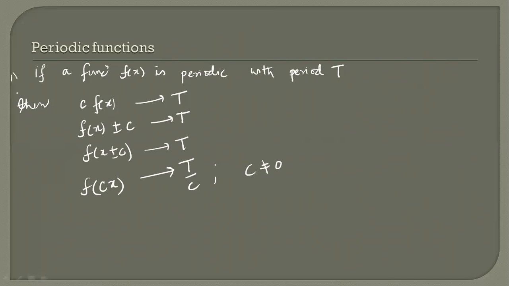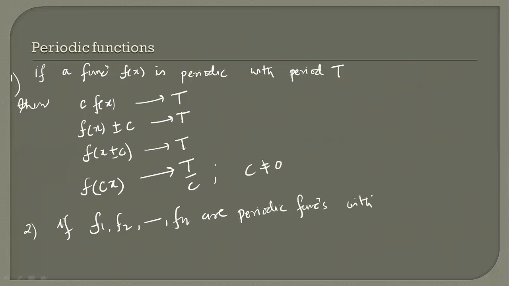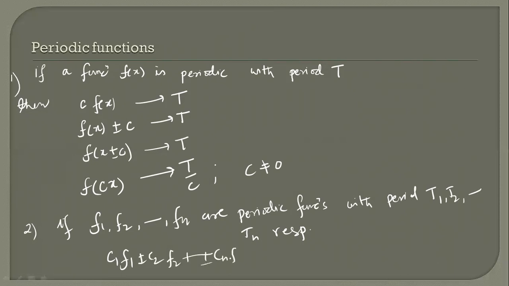The second result is: if f1, f2, fn are periodic functions with periods t1, t2 and tn respectively, then take a linear combination c1 f1 plus minus c2 f2 plus minus cn fn.